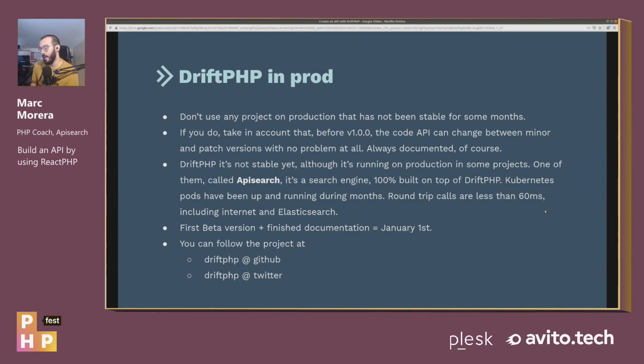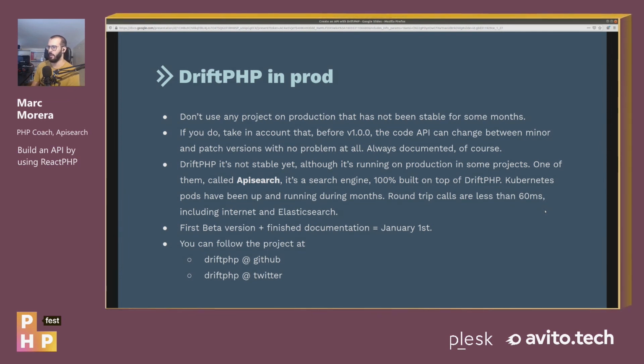But in my case, I have DriftPHP working in production for more or less 1 year, to be honest. The project is called Episearch. It's a search engine on top of ReactPHP, DriftPHP, and Elasticsearch.